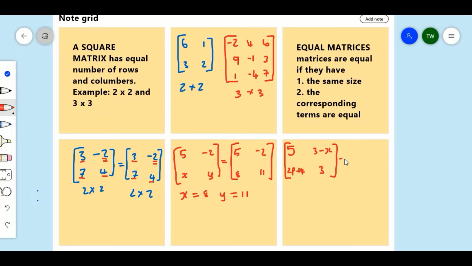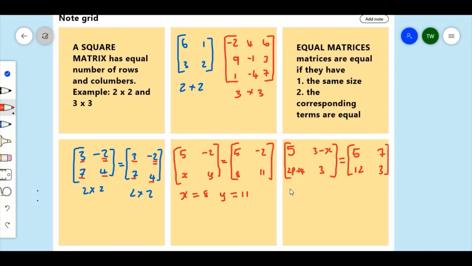And this matrix is equal to the matrix 5, 7, 12, and 3. And you're asked to determine the value of X and the value of P.